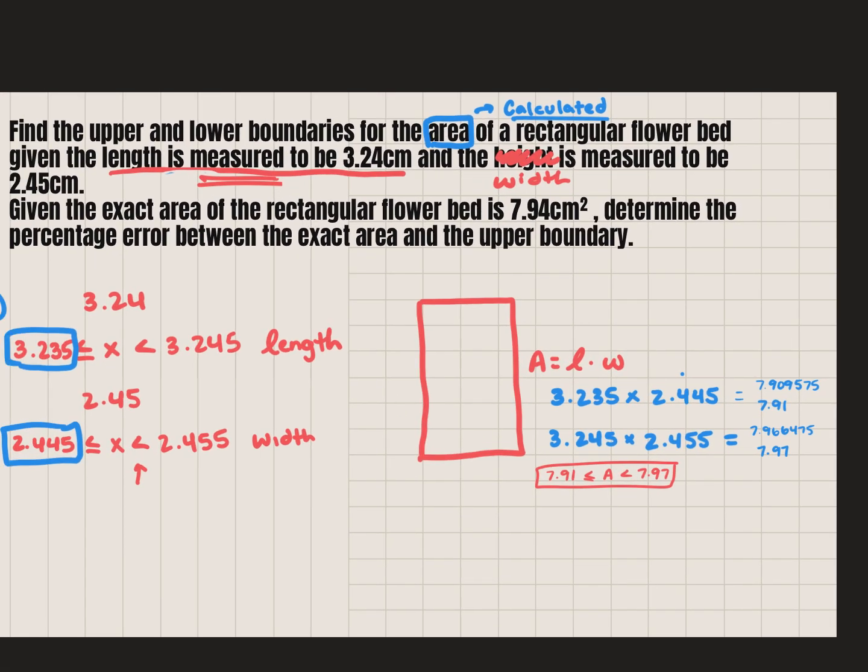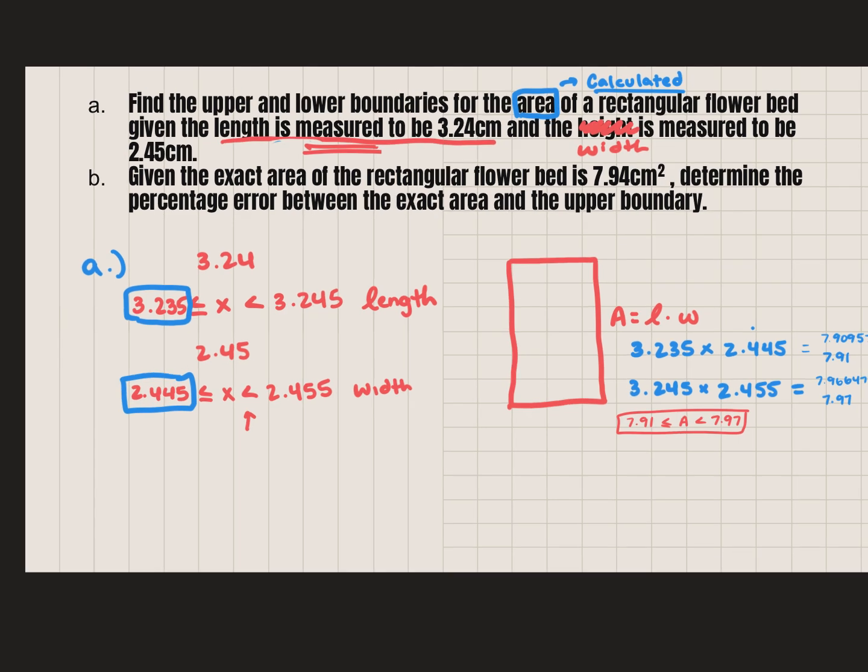All right. For part B, it says given the exact area of the flower bed is 7.94.